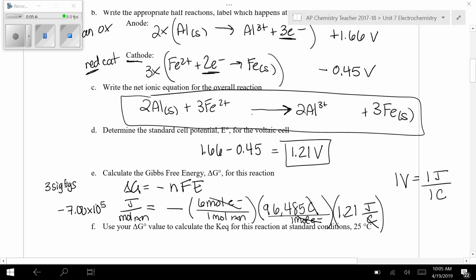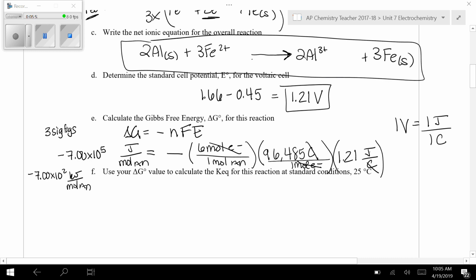Or I could write it as negative 7.00 times 10 to the 2nd kilojoules per mole reaction. And to find delta K, there's this relationship, delta G equals negative RT ln K, and you can use that there.